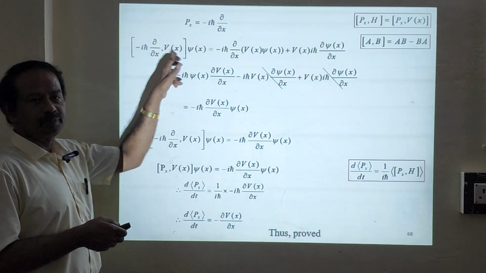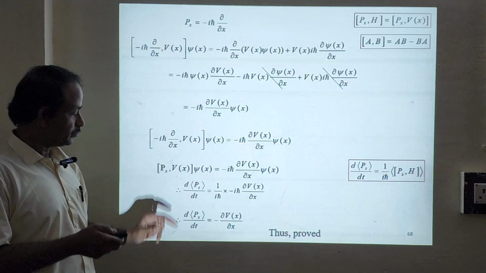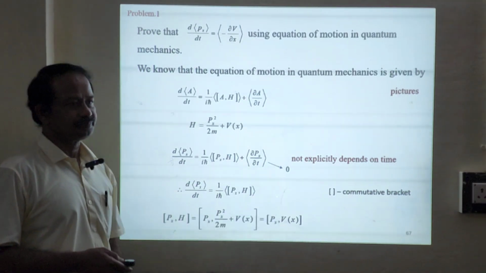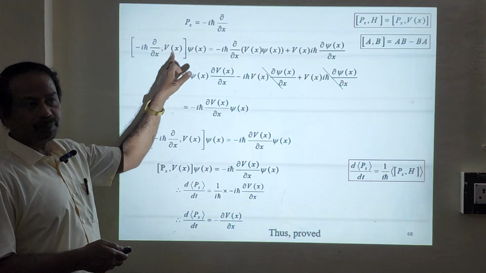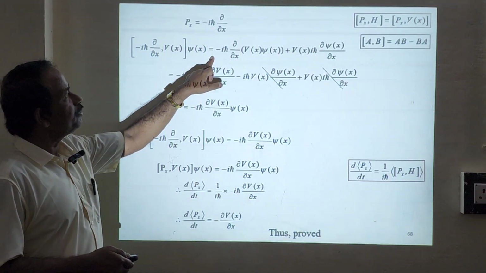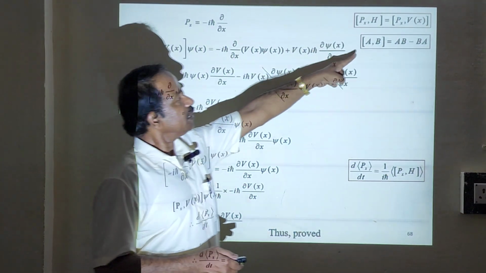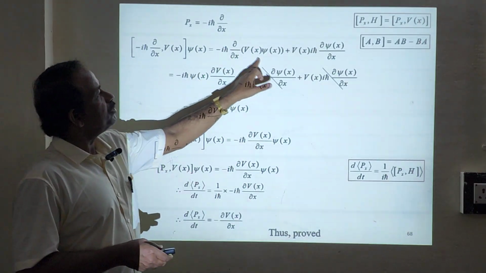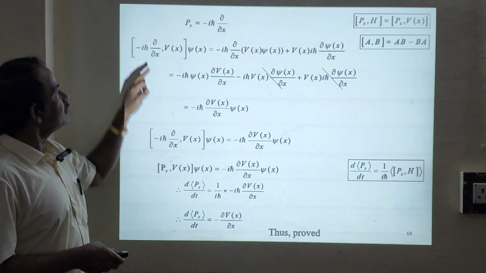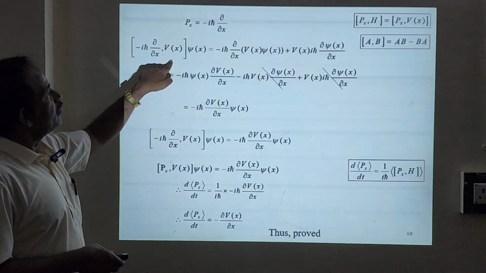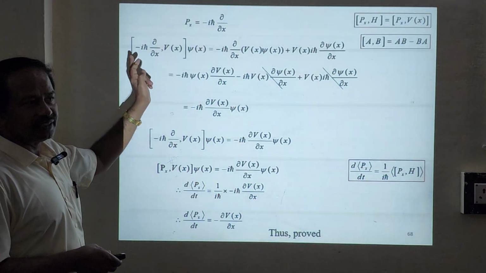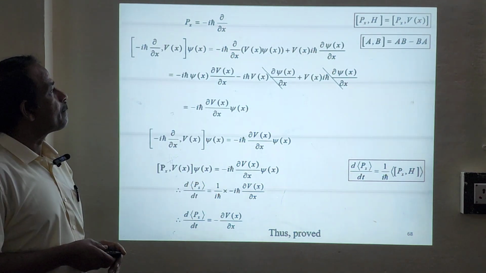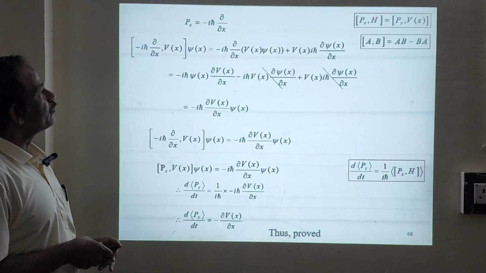Operating on both sides with psi of x, this term operates on psi, and we can write the operator operating on psi as [A, B] equals AB minus BA. Already one minus is there, so it becomes plus BA. Is it okay?